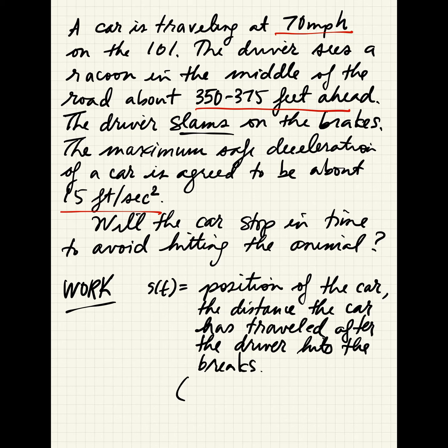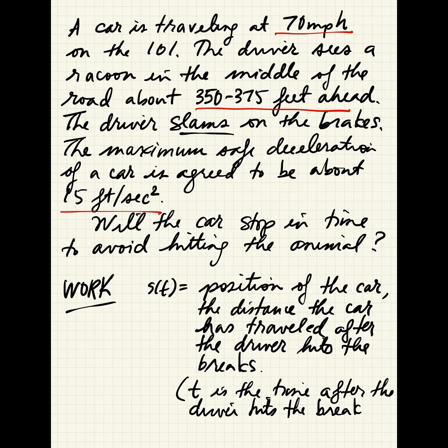Here t is the time after the driver hits the brakes. So t equals 0 is the time the driver hits the brakes. Yeah, so homonyms are terrible, right?